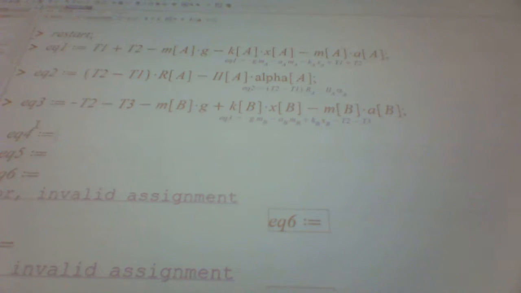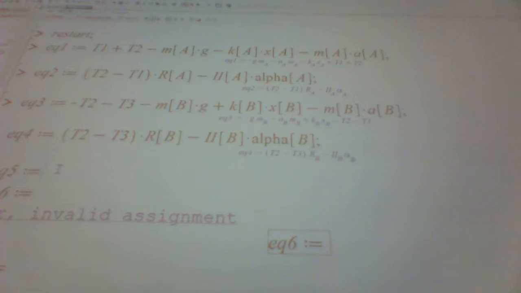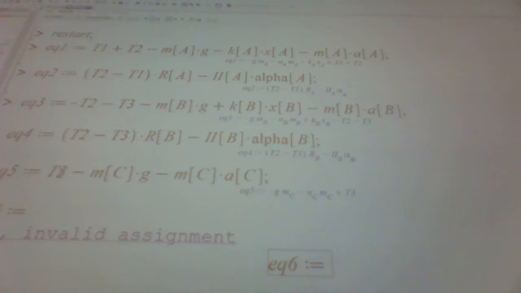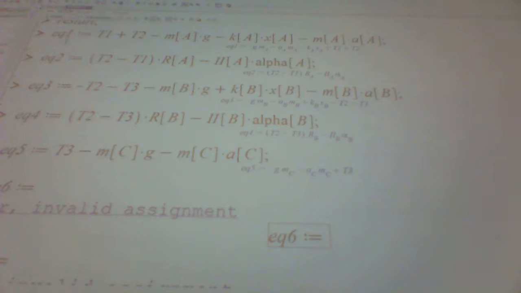Equation 4: T2 minus T3 times R_B minus I_B times alpha_B. Equation 5: T3 minus M_C times g minus M_C times a_C. Alright, so that was everything for the dynamics equations.